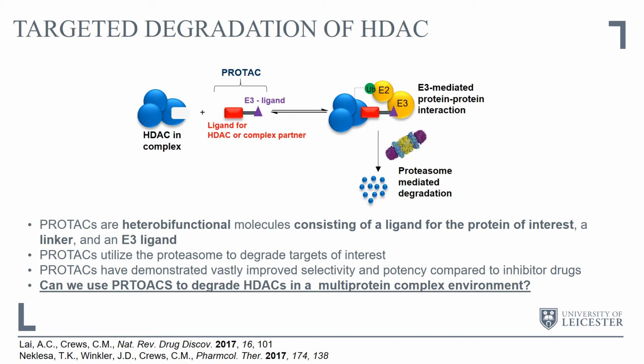And that will result in the HDAC being degraded. And if the HDAC is degraded, disappears, then we will regenerate our PROTAC and we'll have a catalytic cycle. So we can have a very potent molecule.